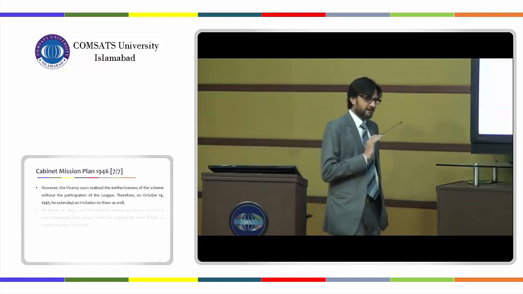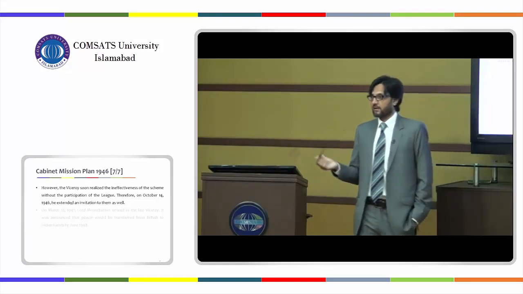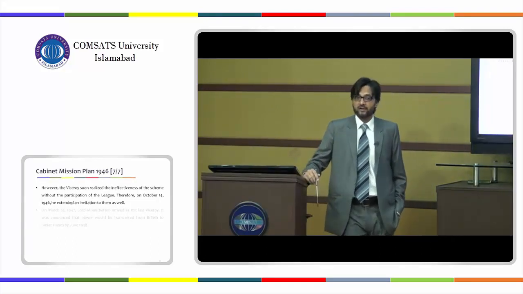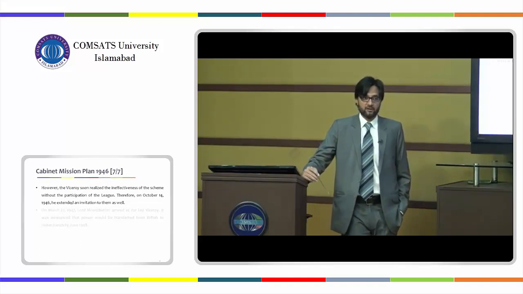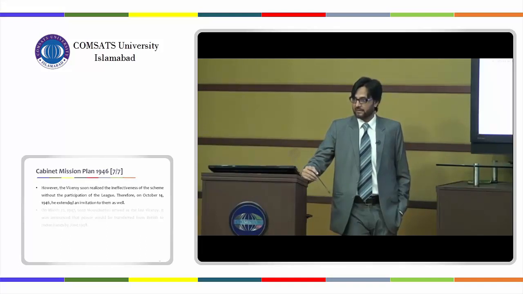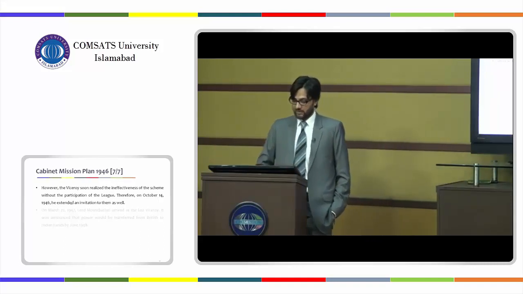Though the Congress had said that it would make some changes, and the Muslim League accepted, the Viceroy again asked the Congress to come up and join the cabinet and the Viceroy's Executive Council. It asked them rather than asking the Muslim League. The British government asked them, right?